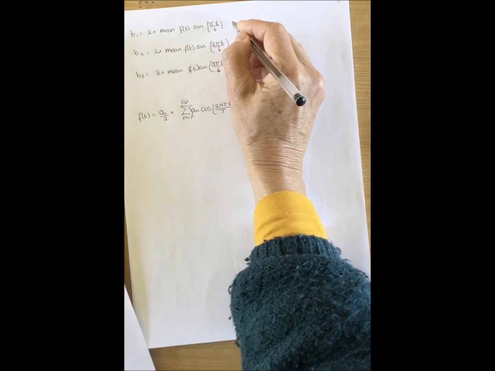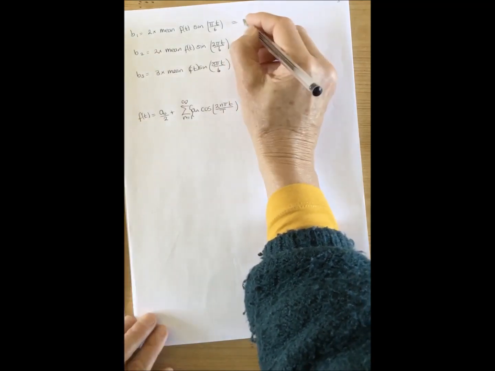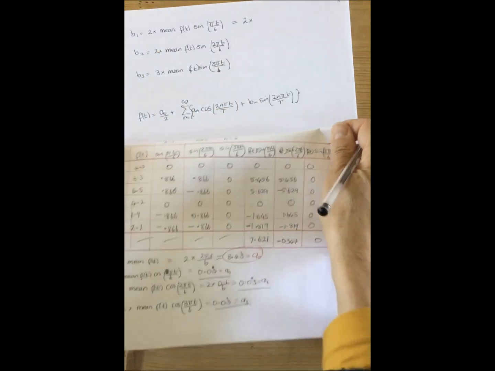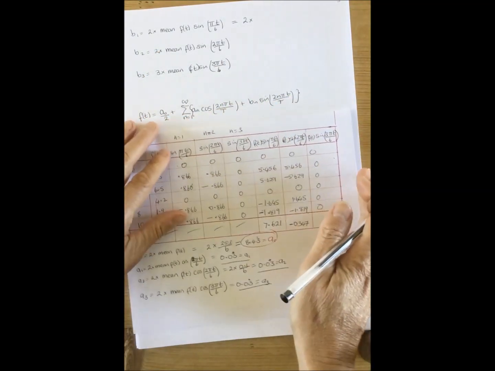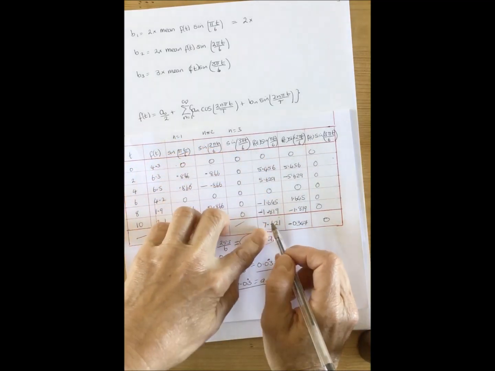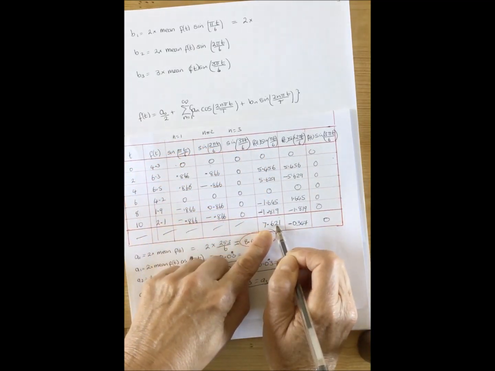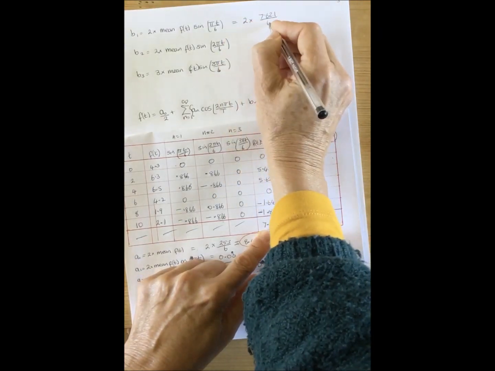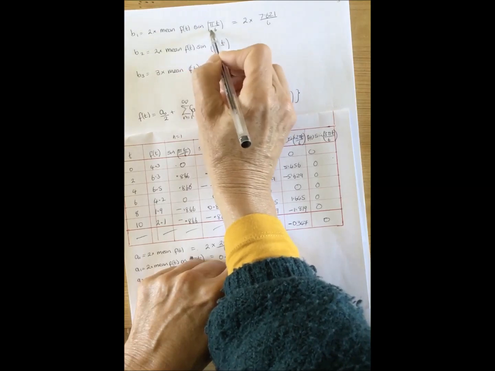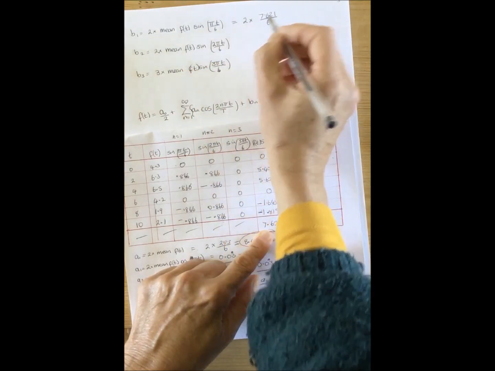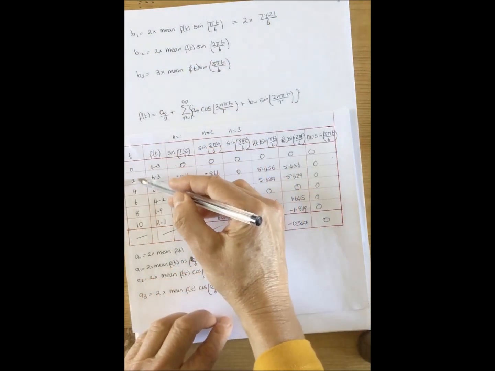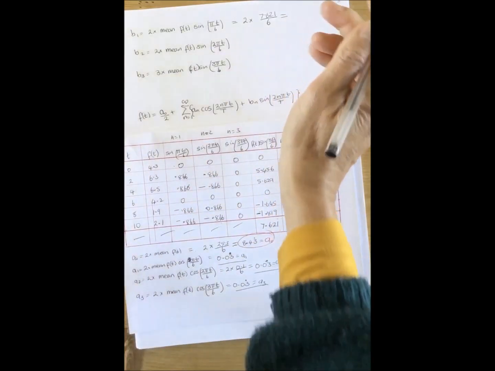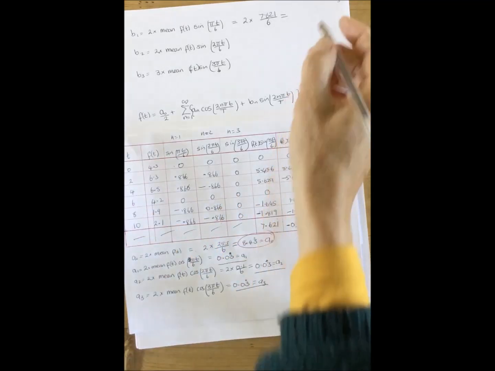The b value is 2 times the mean of f of t, so it's 2 multiplied by, from my table here, the f of t, sine pi t over 6, 7.621 divided by 6. I'm dividing it by 6 because I'm getting the mean, which means I'm dividing it by the number of numbers, which happens to be 6. Okay, see what that works out as. 2.54.